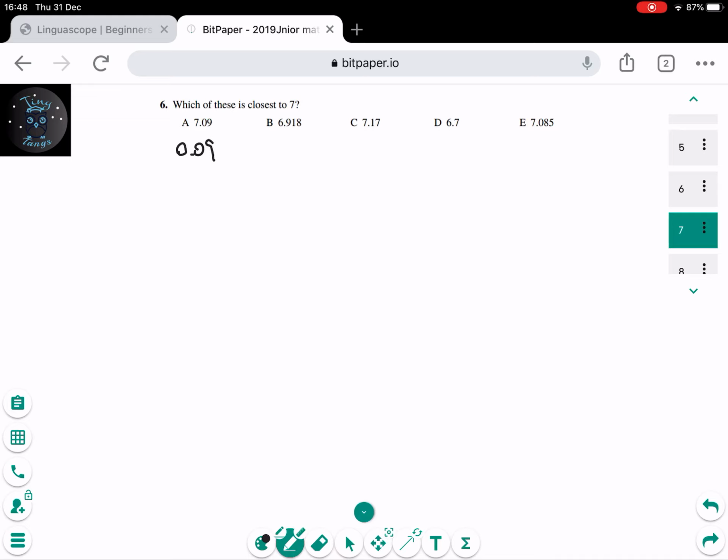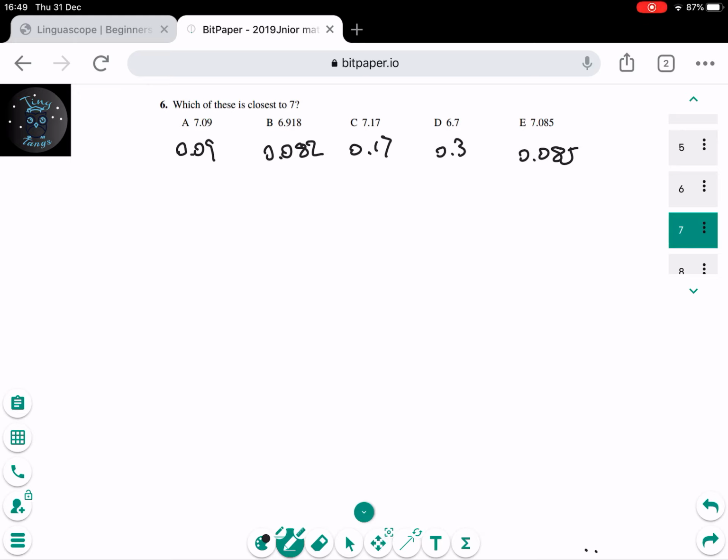In the second option, it's 0.082. In the third, which is C, 0.17. In the fourth, 0.3, and for E it's 0.085. So these are all the differences to 7. So we want to find the smallest number.